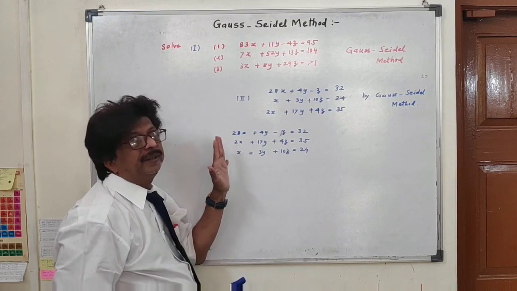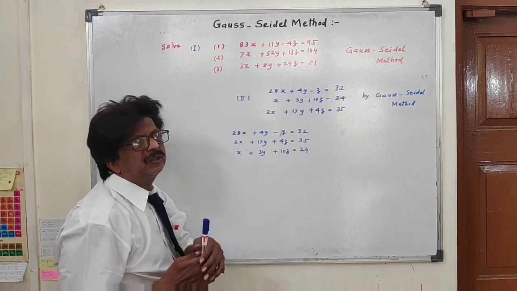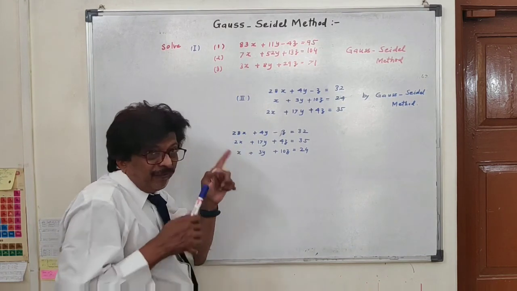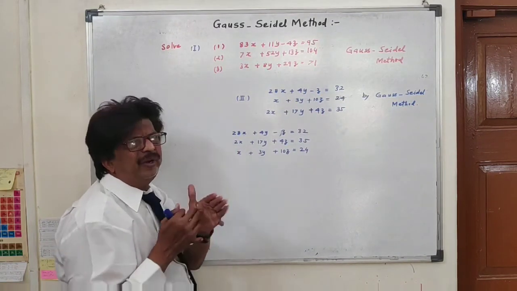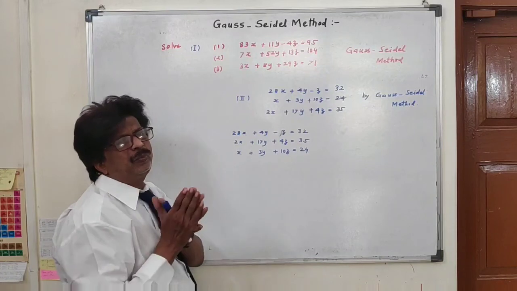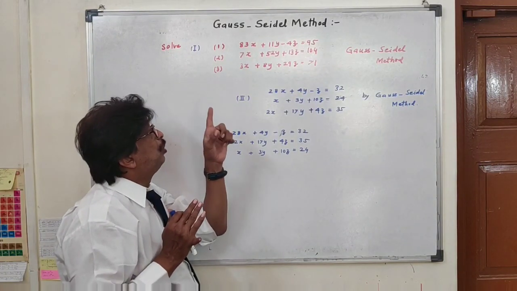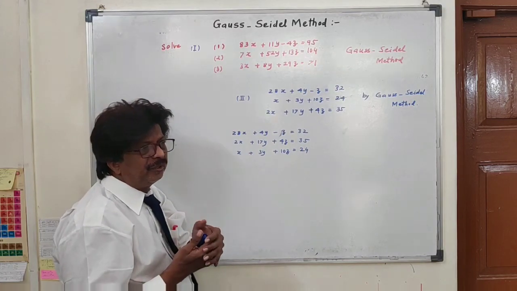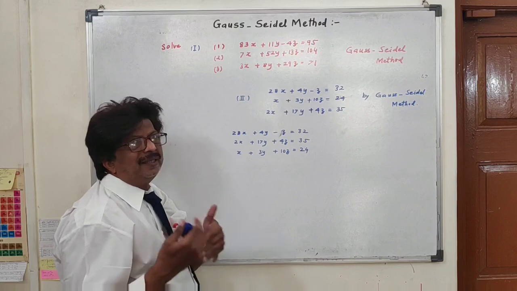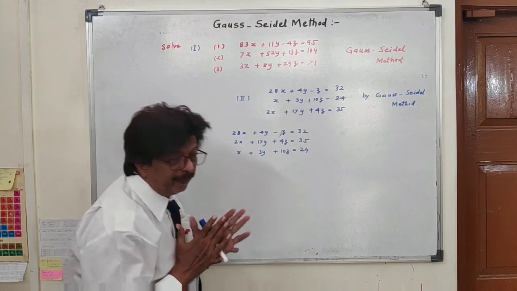So this is a tricky example as far as the solution is concerned. So don't go directly. Make it first diagonally dominant and then solve as usual, perhaps the simplest procedure. So do both these problems and show me in the next lecture. I shall ask for the solution. Okay. Thank you very much.